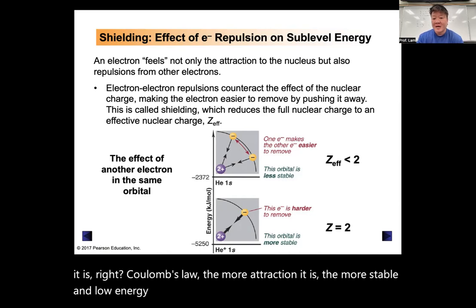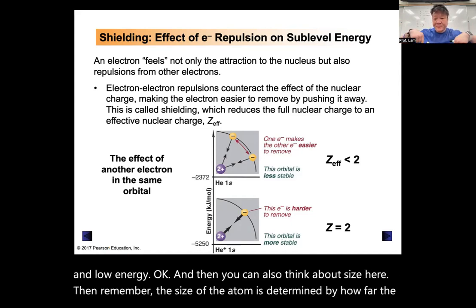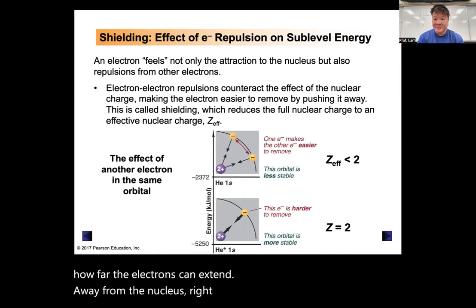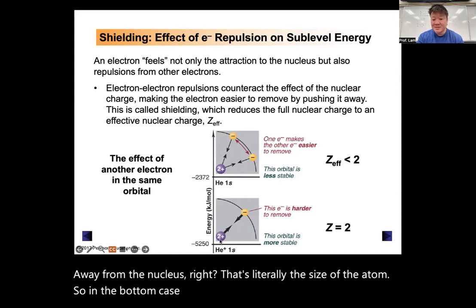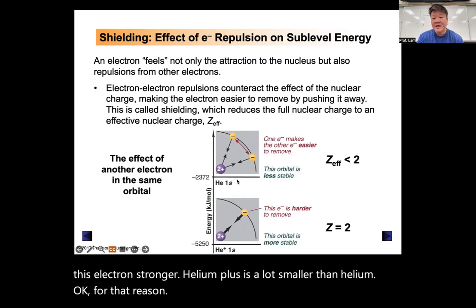Okay. And then you can also think about size here. Remember, the size of the atom is determined by how far the electrons can extend away from the nucleus, right? That's literally the size of the atom. So in the bottom case, since the nucleus is 2 plus, it can hang on to this electron stronger. Helium plus is a lot smaller than helium, okay, for that reason. Because there's no shielding, right?